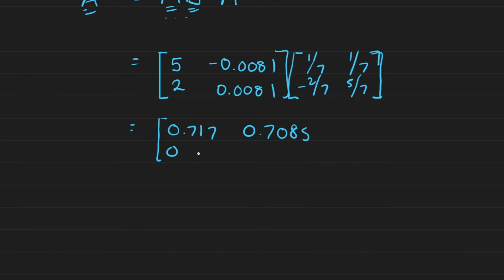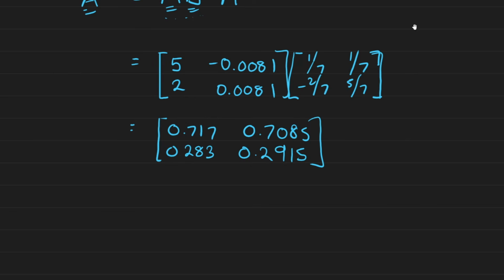And lastly, row 2, column 2, 2 times 1 over 7 plus 0.0081 times 5 over 7. So that will give us 0.2915. So if we just compare this, 0.717, 0.283.